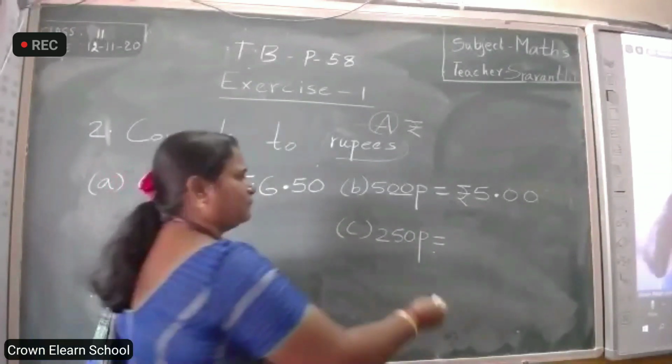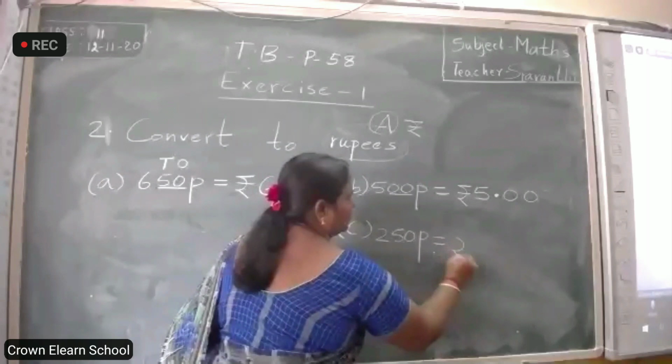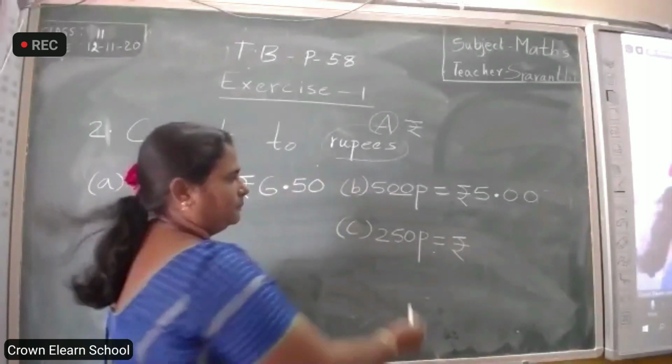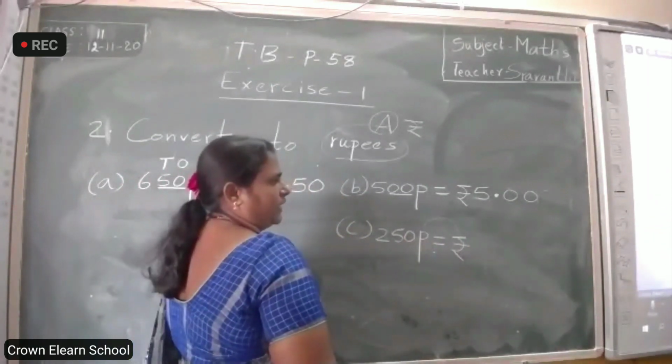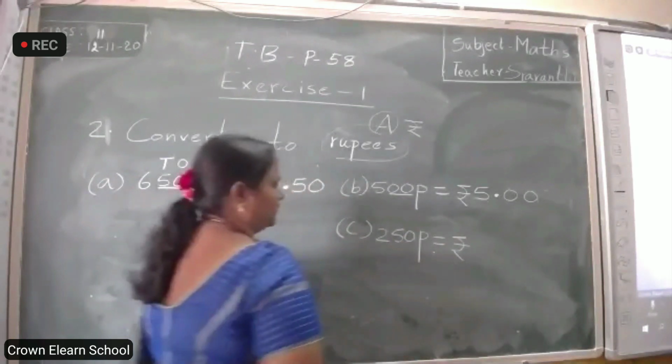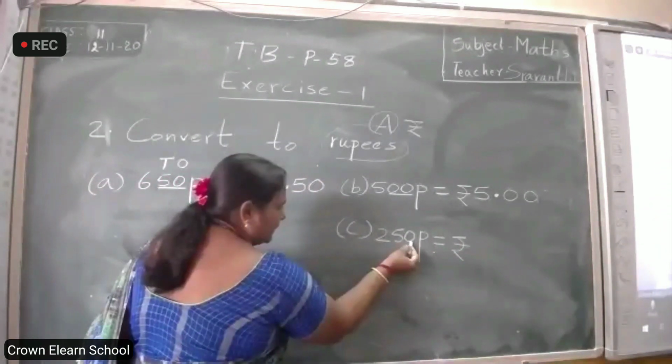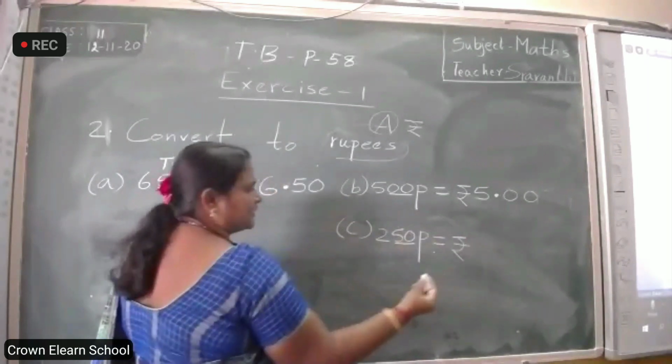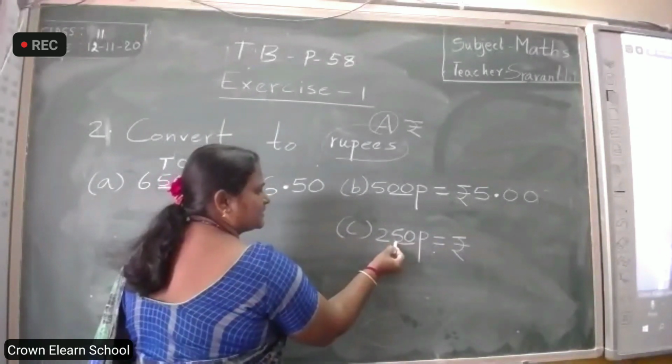This is also the same process. Paise symbol to rupee symbol. Paise to rupee, change, convert. Then the last 2 digits are the ones place and tens place. You also say ones place, tens place, separate.